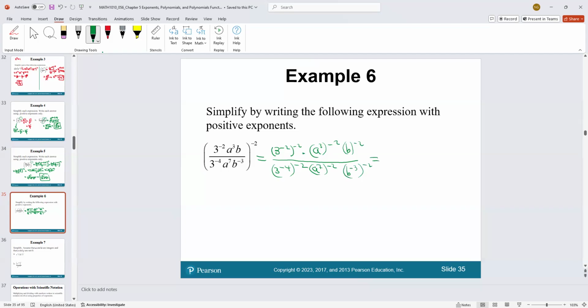You see, I distribute the common exponents to each term inside of the parentheses. 2 negatives give me positive. That means 3 power 4, a power -6, b power -2. We have 3 power 8, a power -14, and b power 6. Okay, remember we need to multiply the exponents when you have a power of a power.